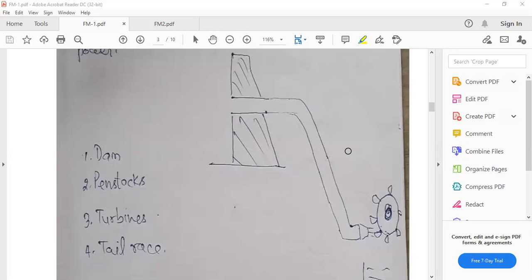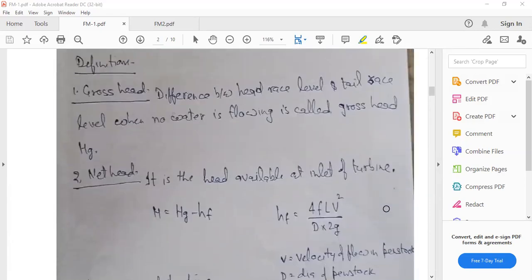Okay, so this is the basic principle of how the energy is converted from water energy to mechanical energy and then mechanical energy into electrical energy. So these types of plants are known as hydroelectric power plants. So what are hydraulic turbines? The machines which convert the energy of water into mechanical energy, they are known as hydraulic turbines.